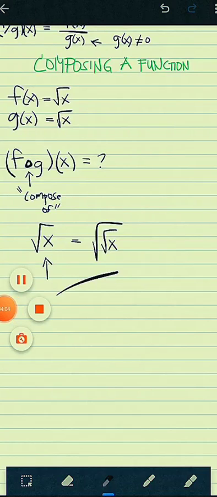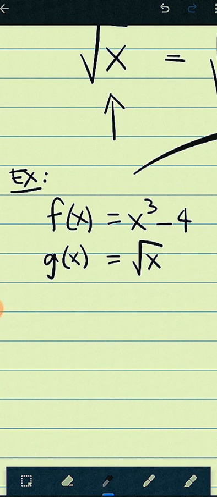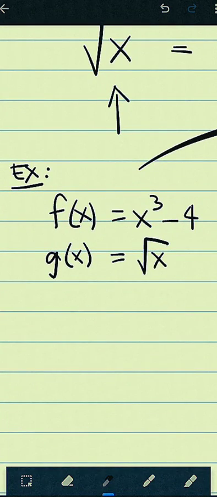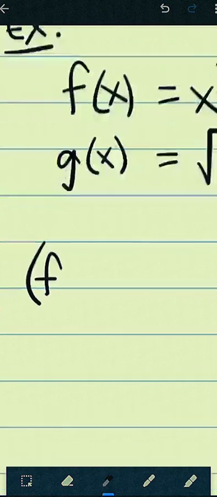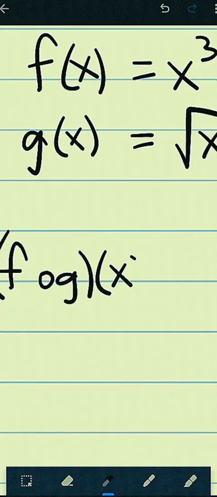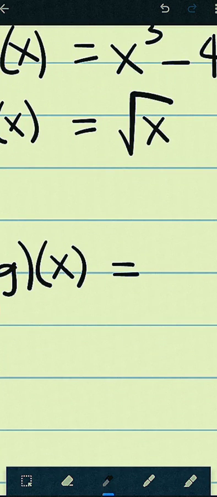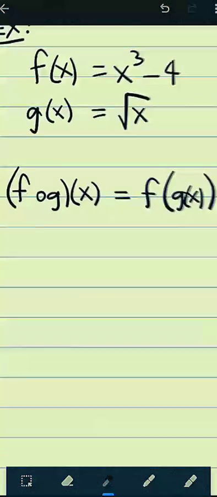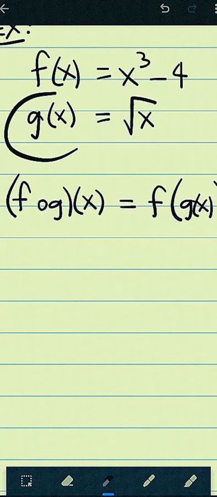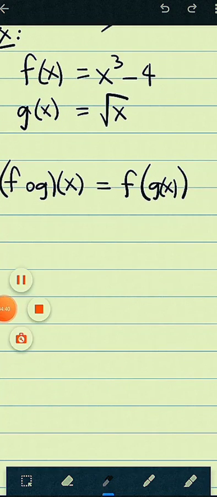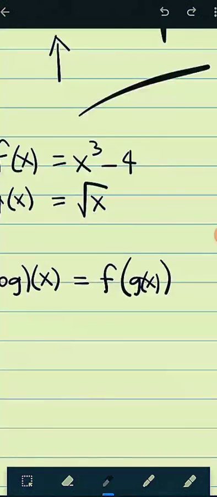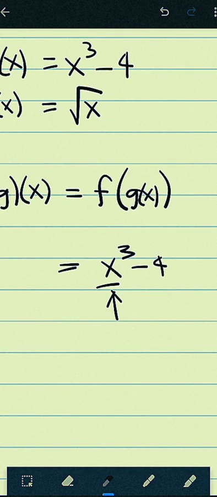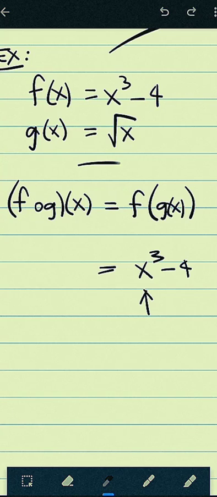Here we have another example, which is f of x equals x cubed minus 4 and g of x equals square root of x. If we say f is composed of g of x, that's going to be f of g of x, wherein what you do is substitute g of x into the x of f of x. Since our f of x is x cubed minus 4, all we have to plug in to the x of this function is g of x, which is square root of x.